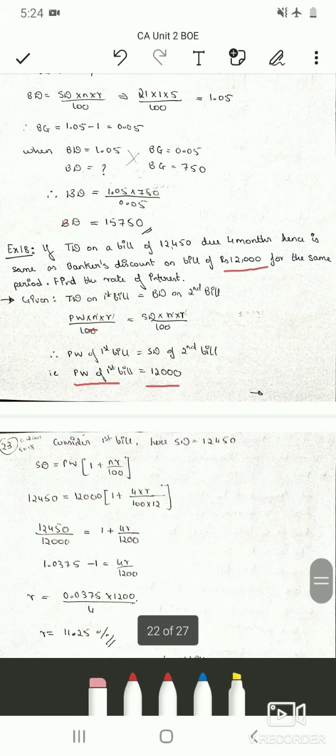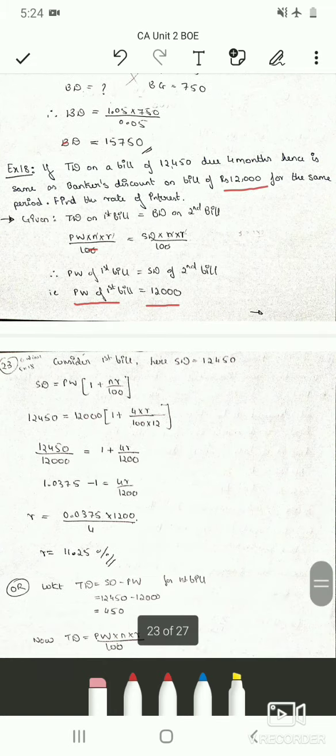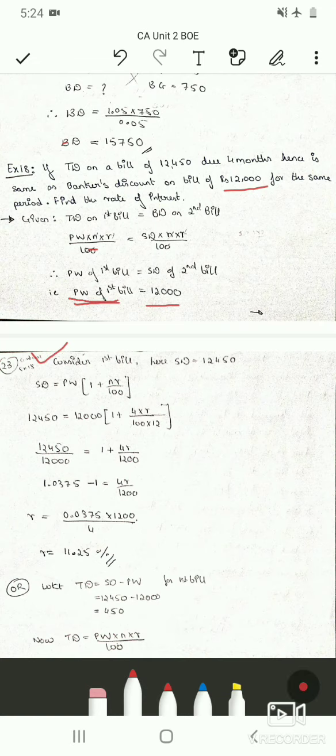So we are interested to find out the rate of interest, which is same for both the bills. So now we will consider the first bill because we know present worth of it. Here what is the sum due? It is 12,450. Now we have sum due, we have present worth.